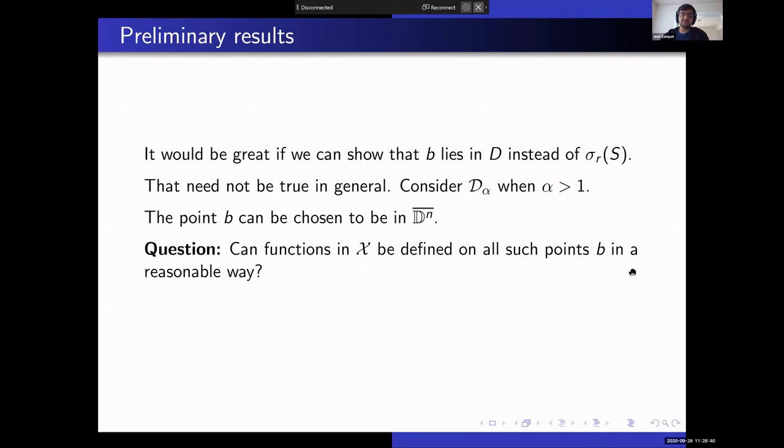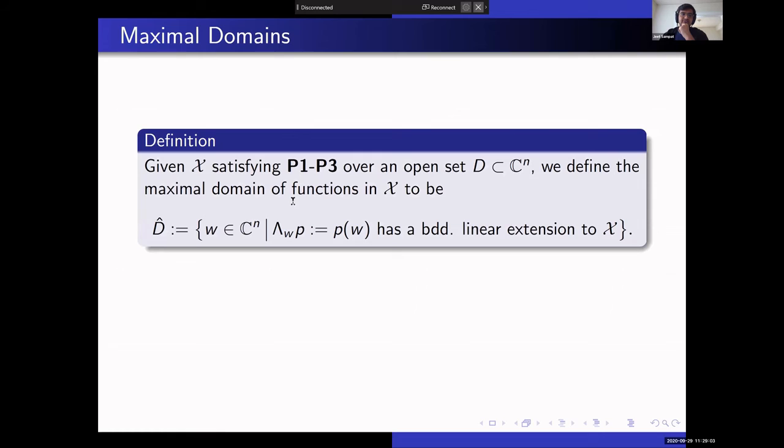So a natural question that at least I felt needed to be answered was, can functions in the space X be defined on all such points B in a reasonable way? So is it possible for me to somehow make sense of any function, not just polynomials, at the point B that I just obtained? And the answer is yes, and it depends on something called the maximal domains.